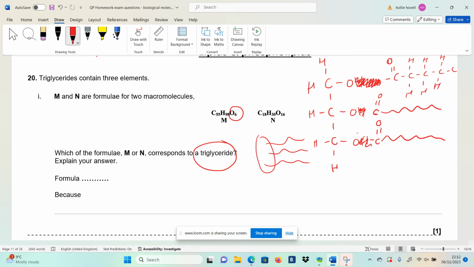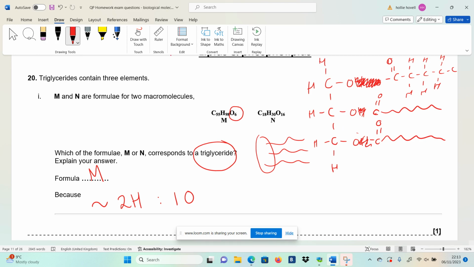Okay, so the answer is going to be M, and then you've just got to put that reasoning into some kind of mark. Approximately, we've said approximately, you can draw a wavy line like that. So approximately 2 hydrogens to 1 oxygen in the ratio makes sense, doesn't it? We kind of worked that out.